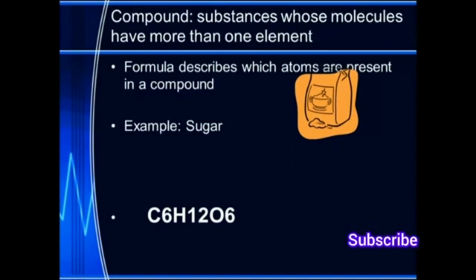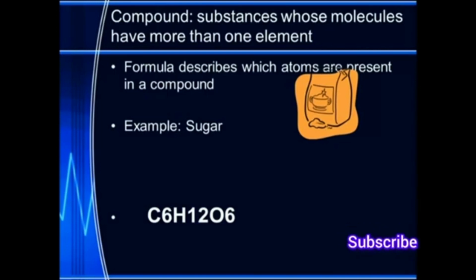So, for example, sugar is C, which is carbon, 6 carbons. H, well, we have 12 of those, so we have C6H12O6. And I apologize, those should be subscripted, but this particular font will not do that. In your text, you can see the proper subscripts of the number of atoms of certain elements in those compounds.